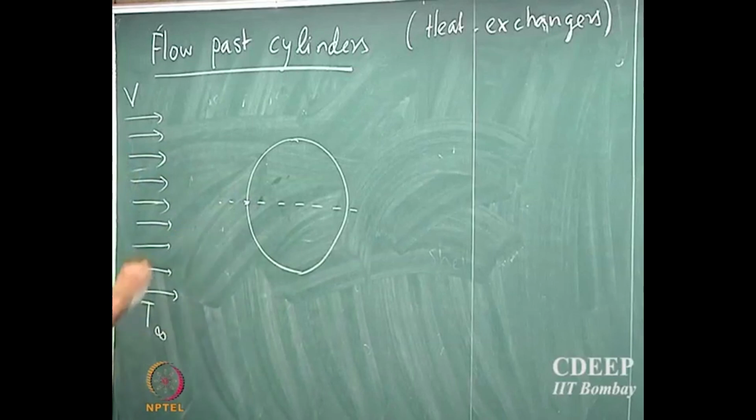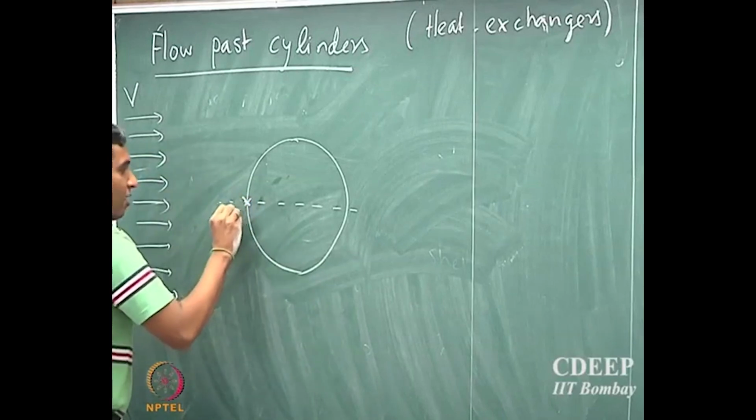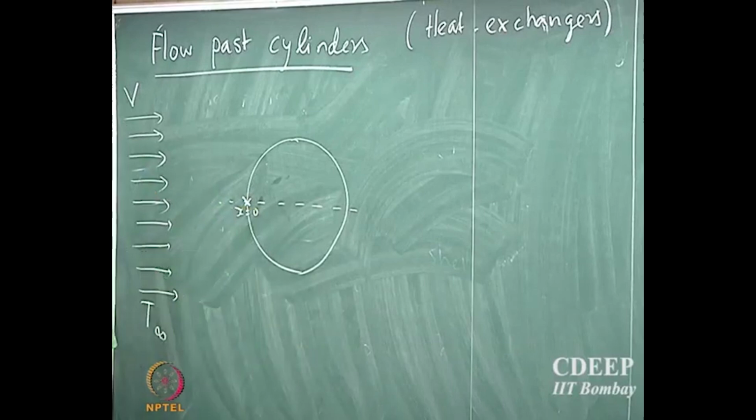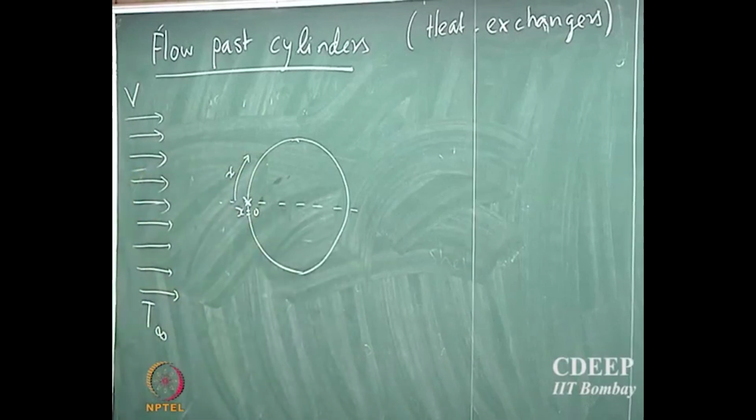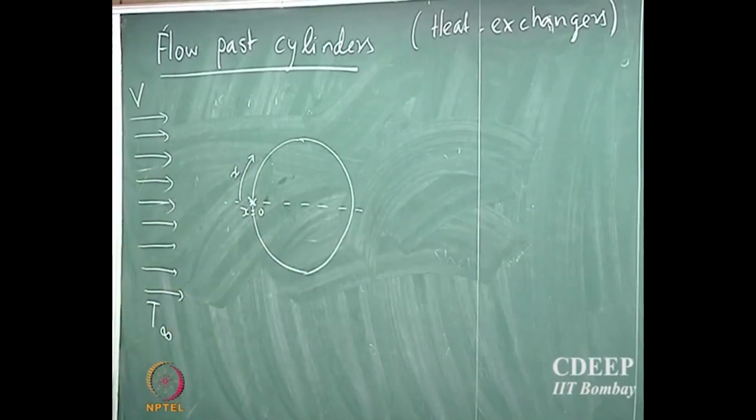So let's say that this is, let's say I call this as x equal to 0, a location x equal to 0, and I define my coordinates x as the curved surface location, okay. I can always do that, okay.